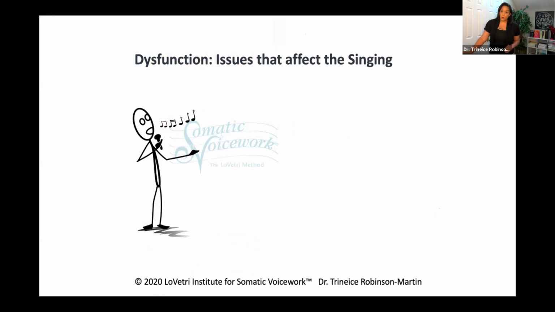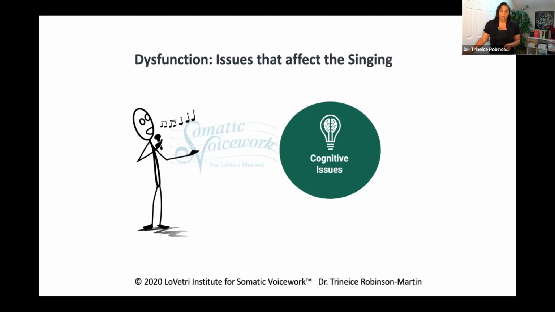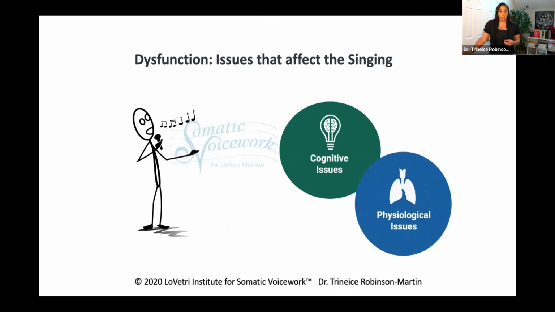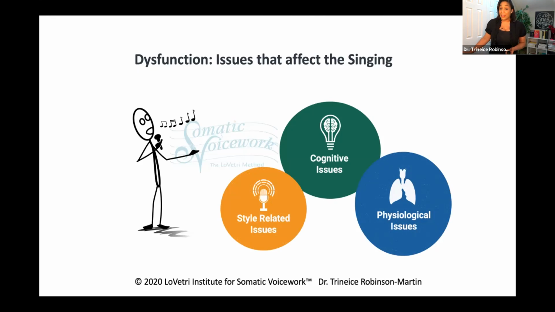On page 44 of your course packet, you will find a list of problems that affect the singing voice. I find it useful in my own teaching to organize these issues into 3 broad categories. Cognitive issues, meaning issues that are centered around how we think, or how we perceive our environment or situations.